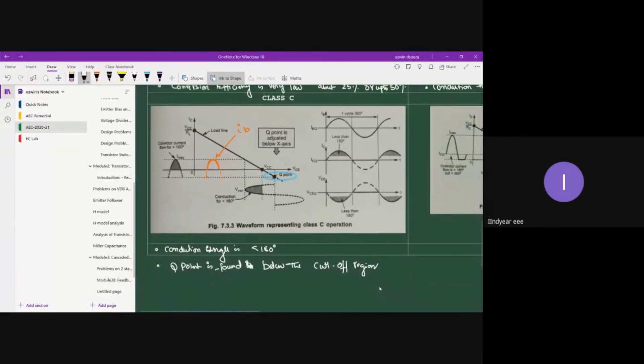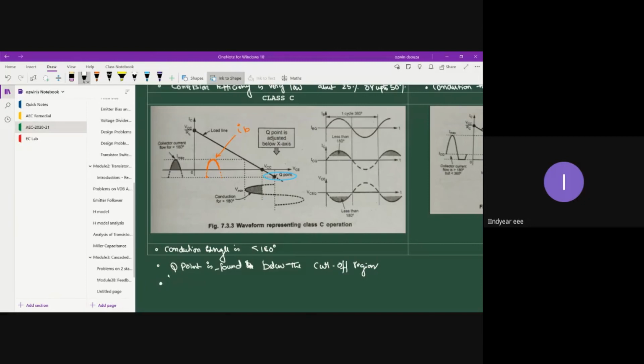Due to which your collector current exists only for a smaller duration of time, and the duration is less than 180-degree, and similarly your output voltage exists for a smaller duration of time.